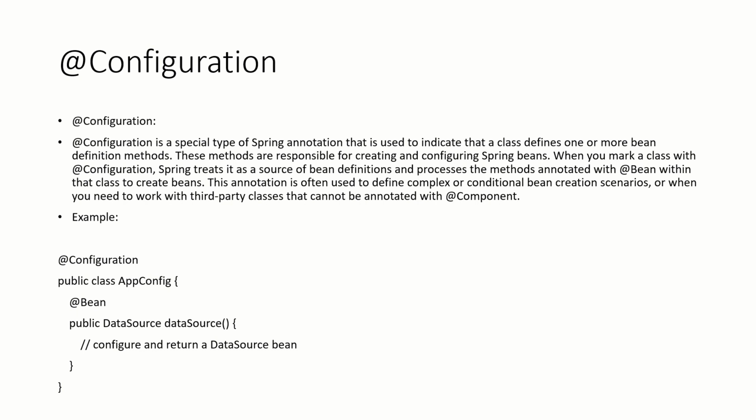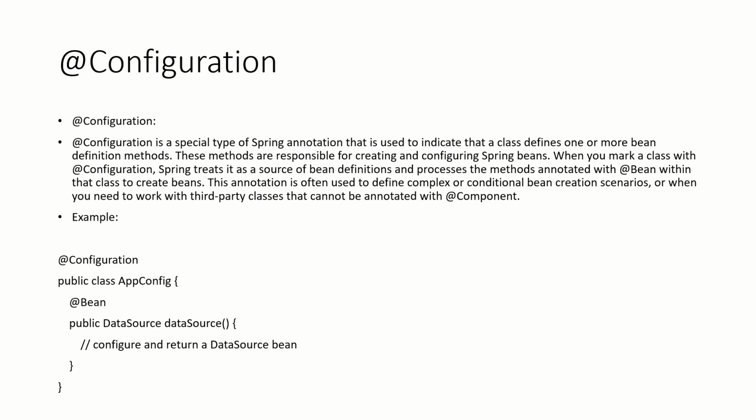What is being told here is that configuration is a Spring Boot annotation that is used to indicate that a class defines one or more bean definition methods. When a class is annotated with the configuration annotation, it means that this class holds one or more bean definitions.